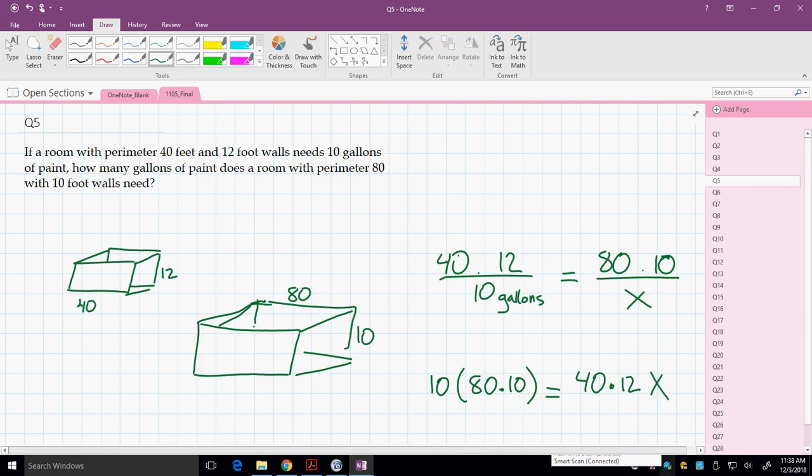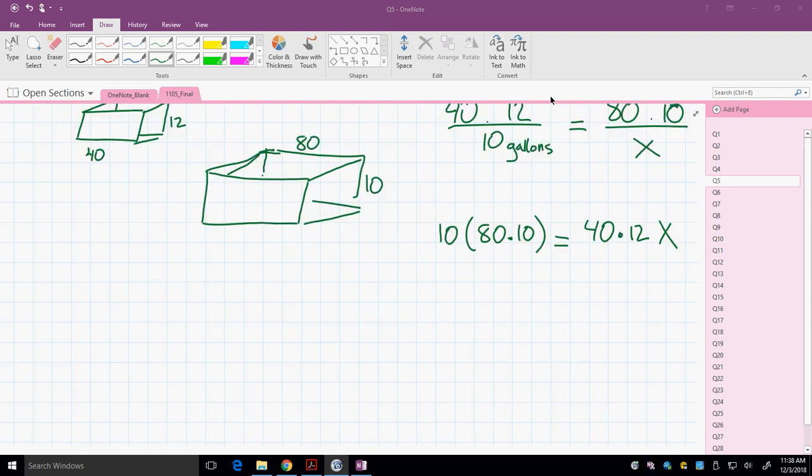Now we need to solve that. 800 times 10 is going to give me 8,000, equals 40 times 12, which is going to give me 480x.